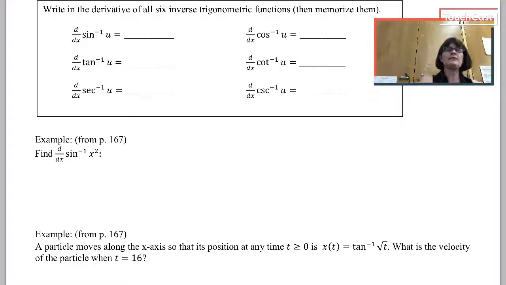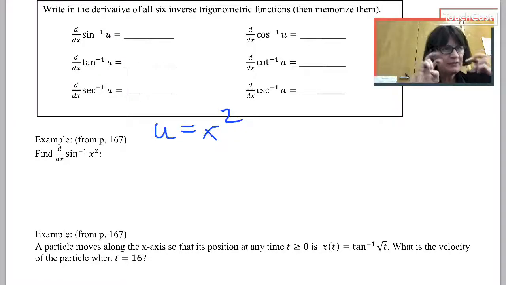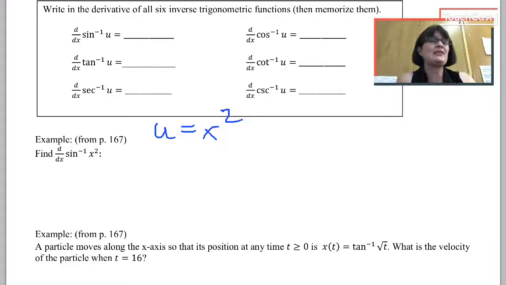All right, so this first example here, I need the derivative with respect to x of inverse sine of x squared. So we might like to know that in this case, u equals x squared. It's like the inside function, right? So we could have done this with composite function notation, or we're going to do it like here because we're going to practice using that chain rule version of the rule that you just wrote down. So how do I find the derivative with respect to x of inverse sine of u?